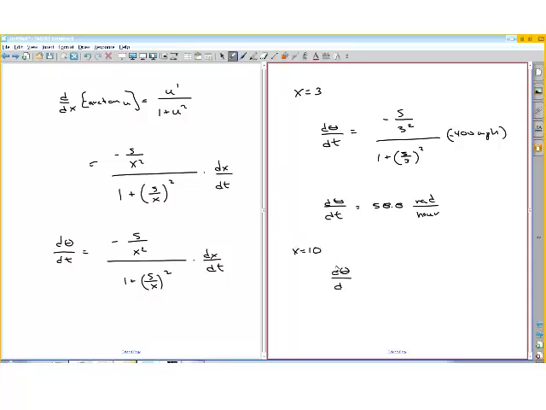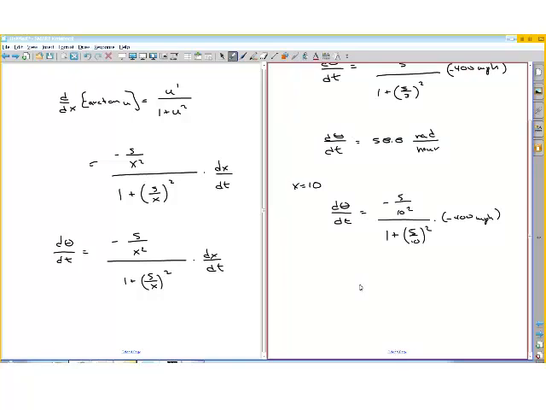And then when x equals 10, you get d theta dt is equal to minus 5 over 10 squared divided by 1 plus (5 divided by 10) squared, times negative 400 miles per hour. So I'm just going to go back and change 3 to 10 in my calculator.